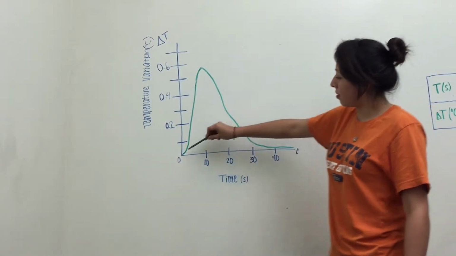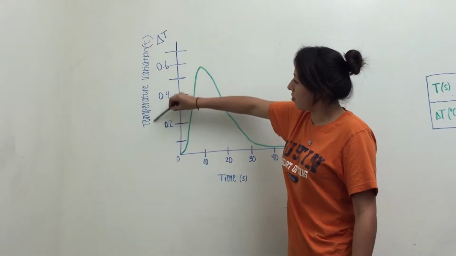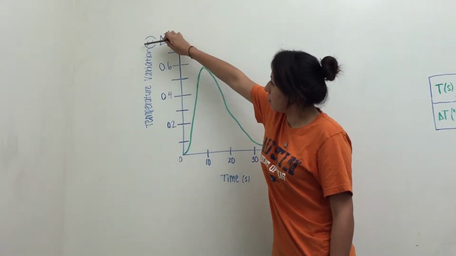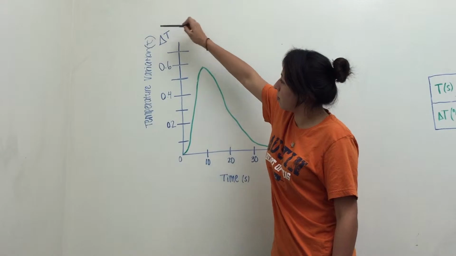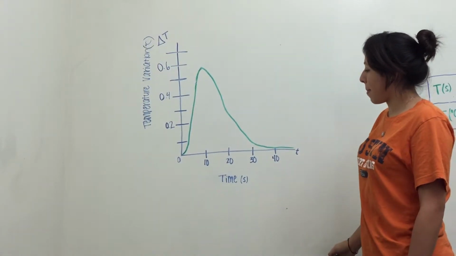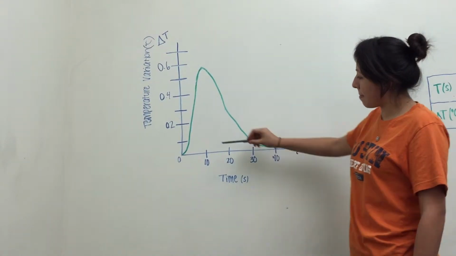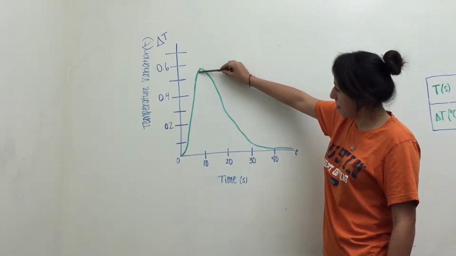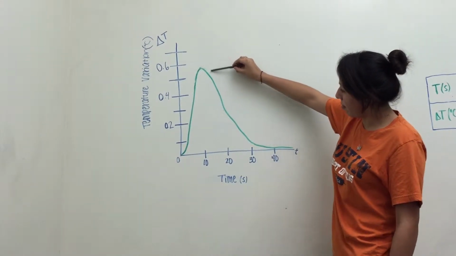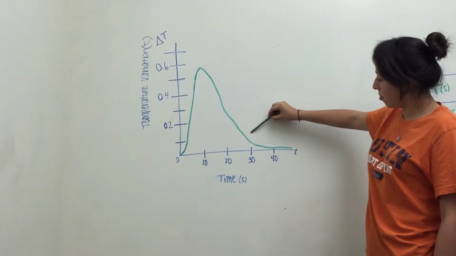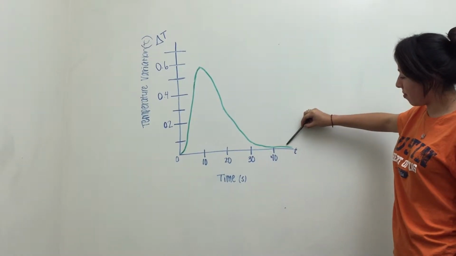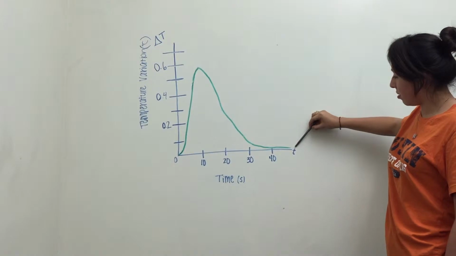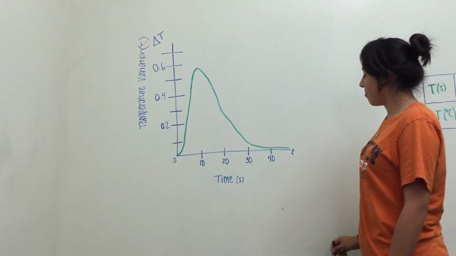The dependent variable on the y-axis, temperature variation, is measured in degrees Celsius. Temperature variation increases until a time of 10 seconds when it reaches its peak, and then gradually declines back to normal body temperature of 37 degrees Celsius with no more temperature variation.